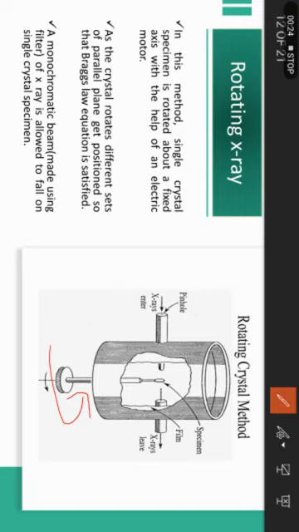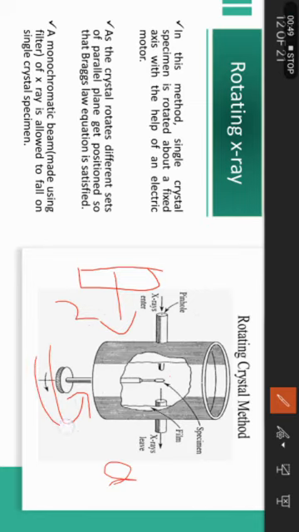This is also a single crystal, and a pinhole is used to pass the X-ray which has to enter it. But this time we are passing it through a filter. This filter will produce a monochromatic wavelength of X-rays. So we have the fixed wavelength here. What will be changing will be the d, due to the rotating of the motor.